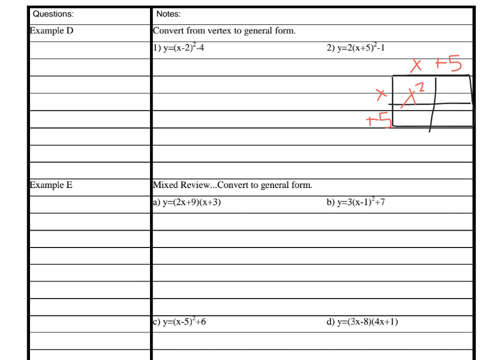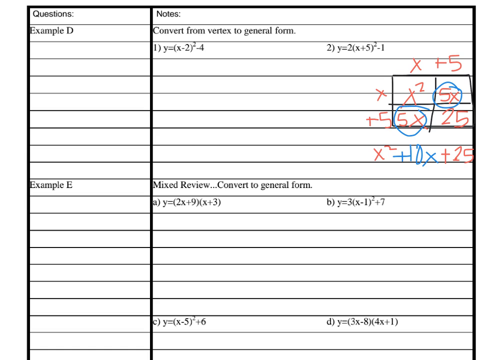So x times x is x squared, x times 5 is 5x, 5 times 5 is 25, and then we combine 5x and 5x here, which will be 10x. So x squared plus 10x plus 25.